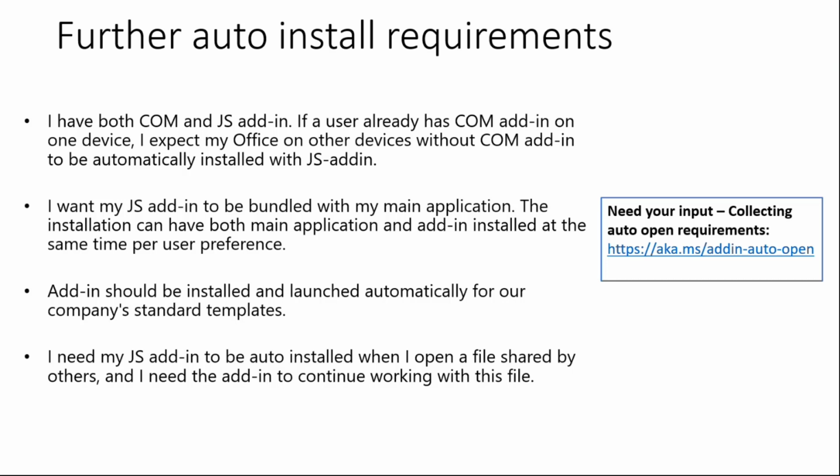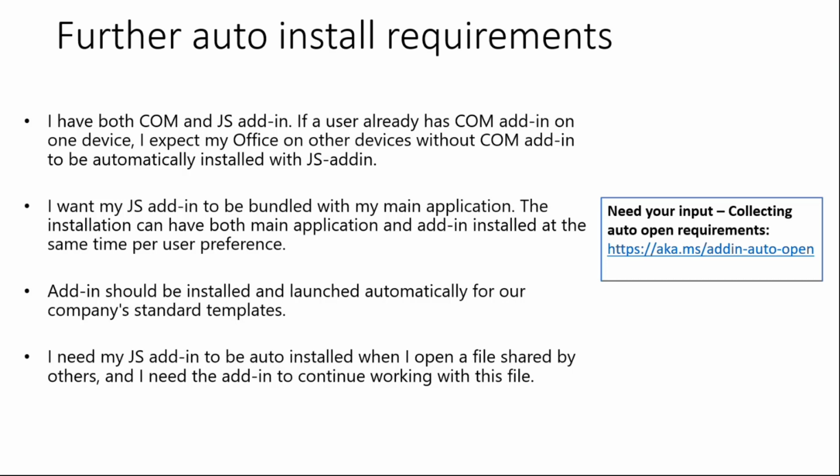The first one is if I have both COM and GS add-ins. This is very common, as many of our partners started their migration from COM add-ins to GS add-ins, but normally it takes a duration of time to fully migrate from COM to GS.